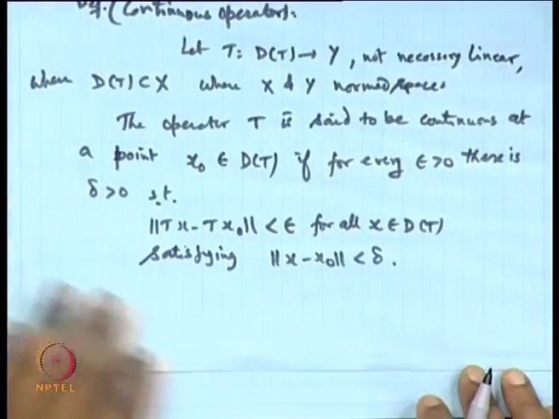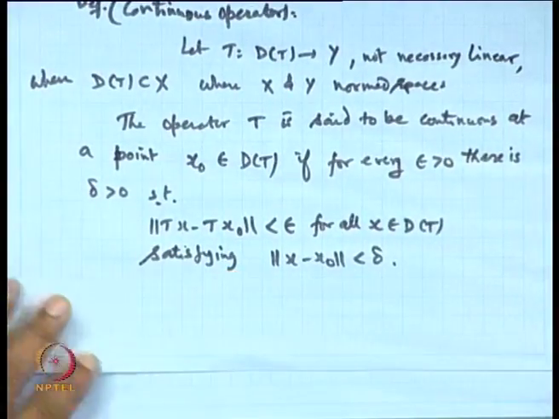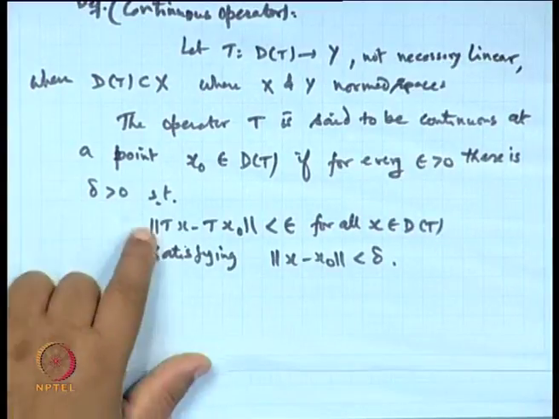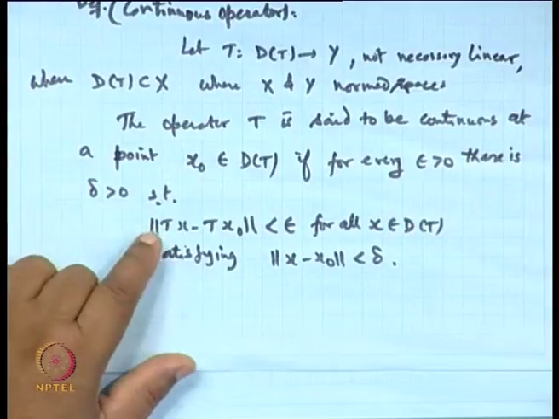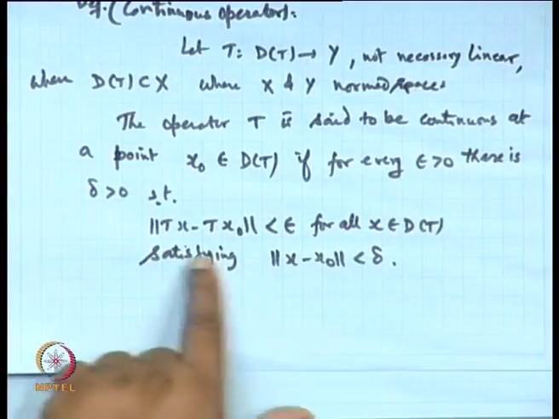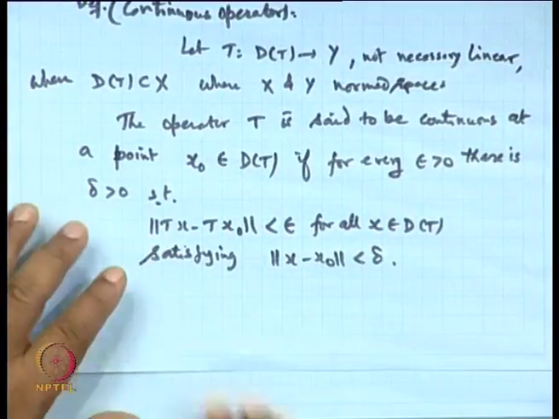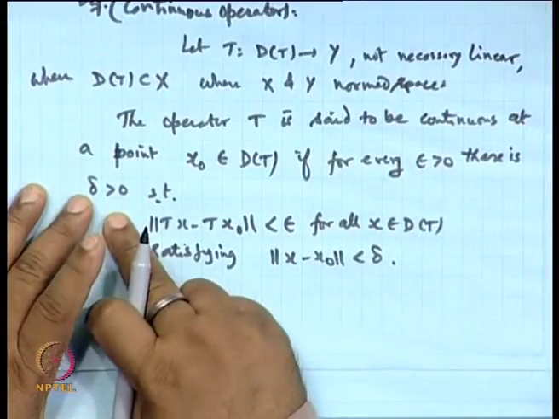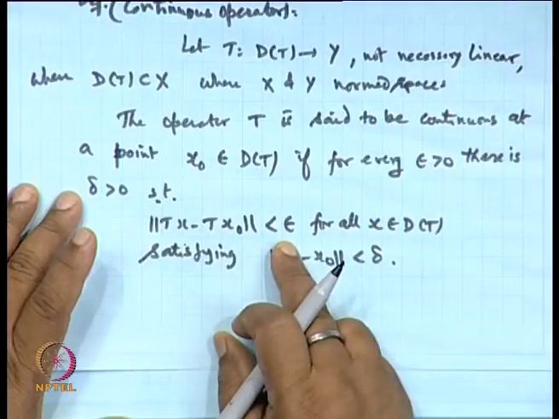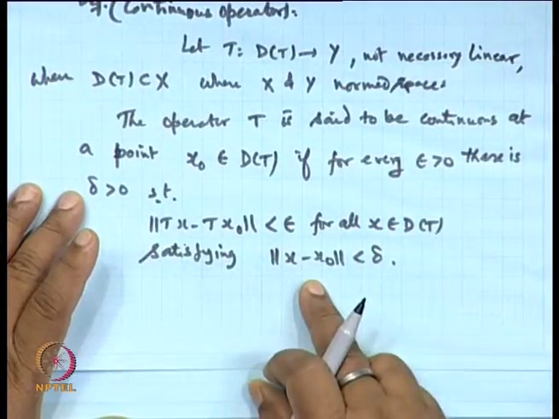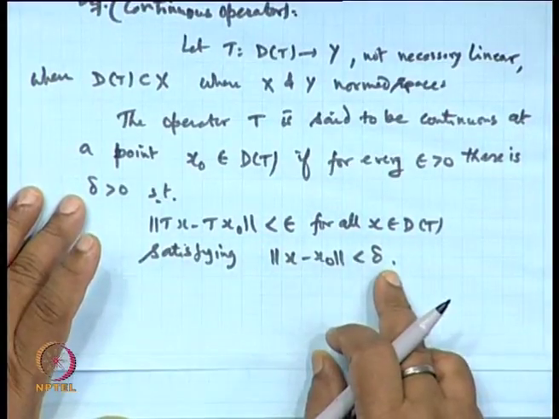So, its definition is parallel to our definition of the continuous function. The only thing is, the mapping f is replaced by the operator T. So, an operator for which this condition is satisfied, that for any epsilon one can identify a delta such that the difference between the images remains less than epsilon provided the difference between the points is less than delta.